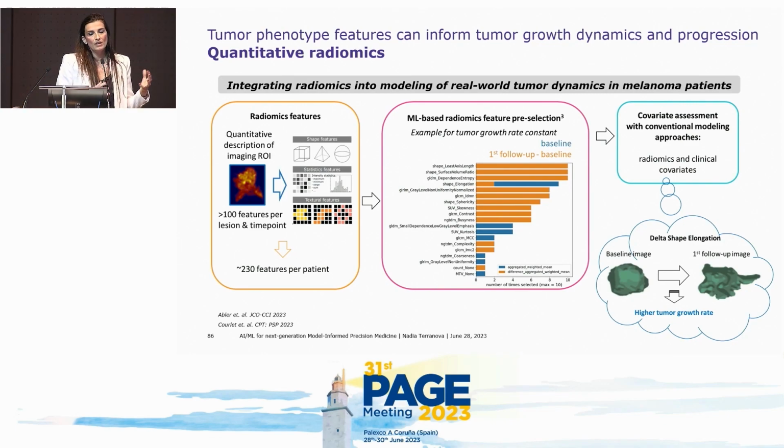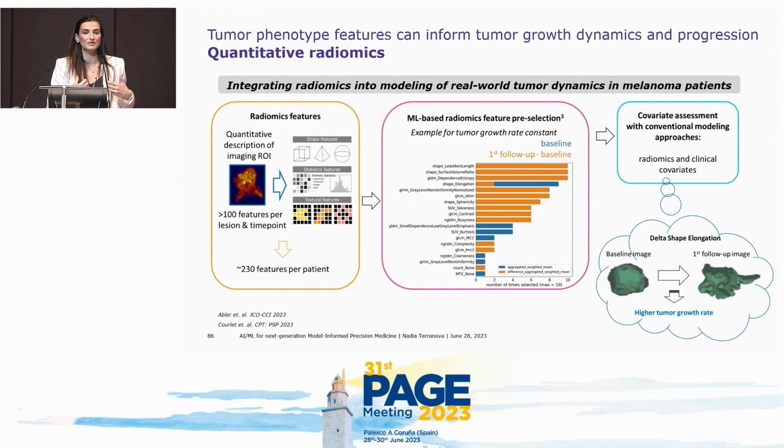So basically, radiomics features provide a quantitative description of a region of interest of a lesion. Then we can extract features related to the shape, the texture, or some statistics. And this can be done for each tumor lesion in a patient and for different time points. So there are hundreds of features per patient that are generated.